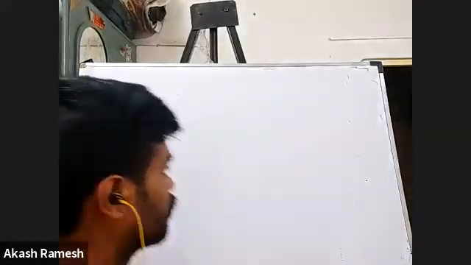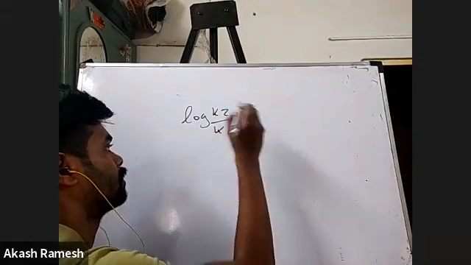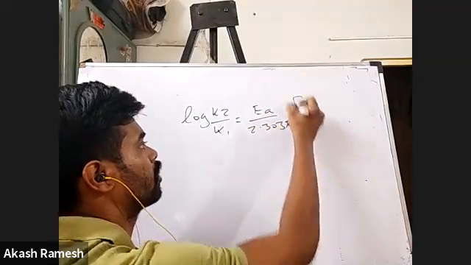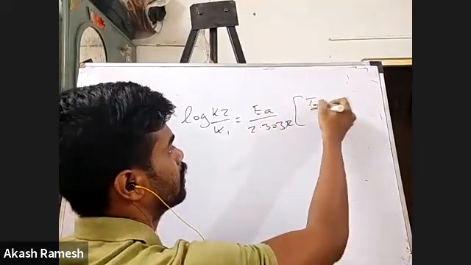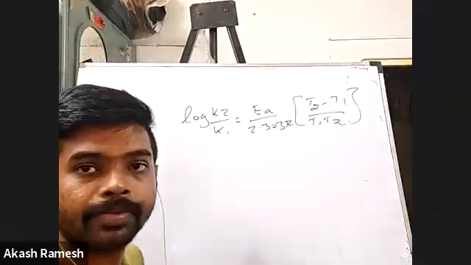So the formula will go like this: log of K2 by K1 is equal to Ea divided by 2.303 R into (T2 minus T1) divided by T1 T2.